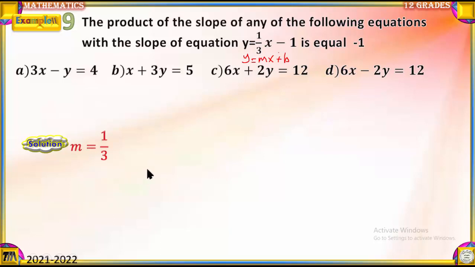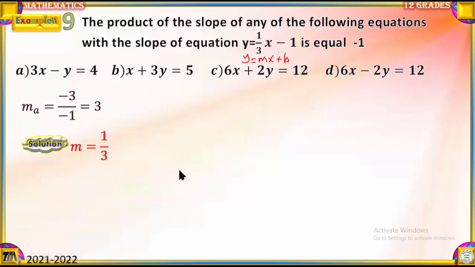And now find the slope of each of these lines. The first one, slope of A, is equal to minus a over b, which is minus 3 over minus 1, which equals 3. If we multiply these two numbers, 3 times 1 over 3 is equal to 1, not minus 1. Then it is not a correct answer.